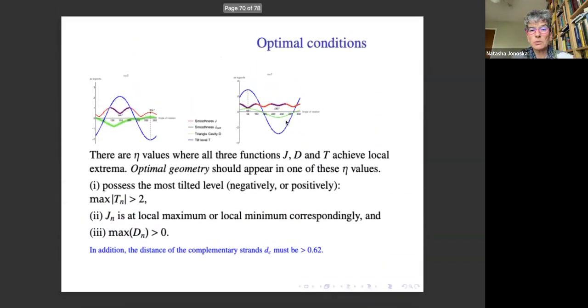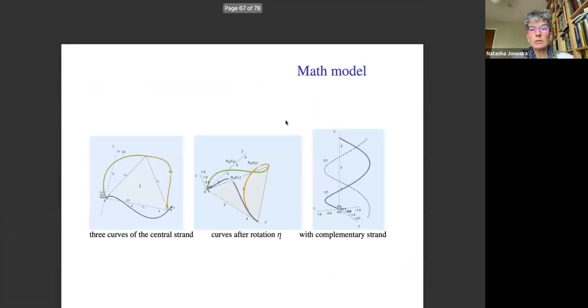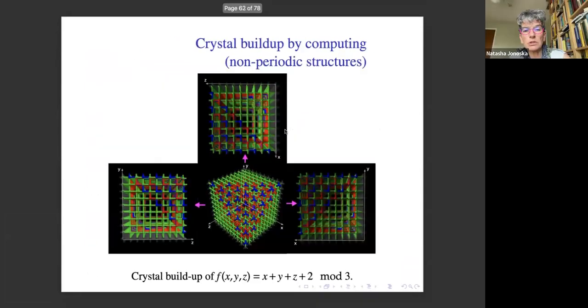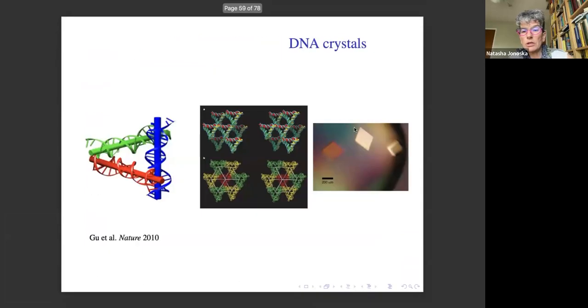The crystals that the lab obtained, let me see if I can get back to some of these images. Here, these crystals are actually 200 micrometers. So as you can see, these are large crystals by chemical standards. Some of them can be seen by the naked eye.